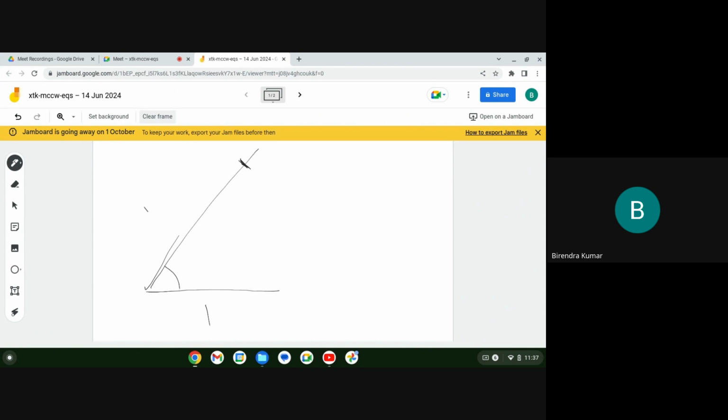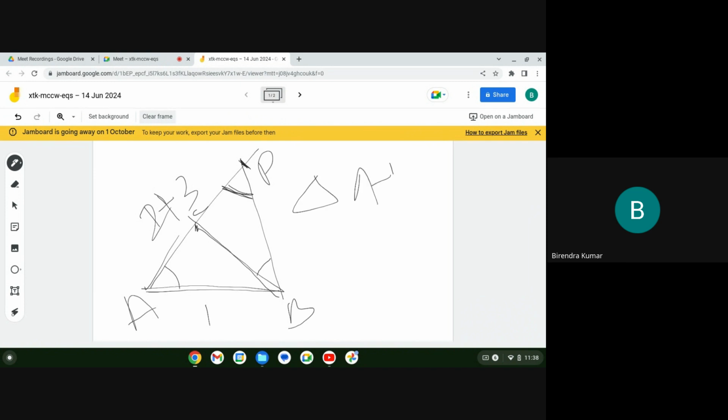This is side 1, this is 1 plus 2 plus 3. And I join them. And whatever is my angle here, I'll make the same angle here and join it. So this is A, B, this is P, and wherever it cuts this line, it becomes C. And triangle ABC is what we are trying to draw.